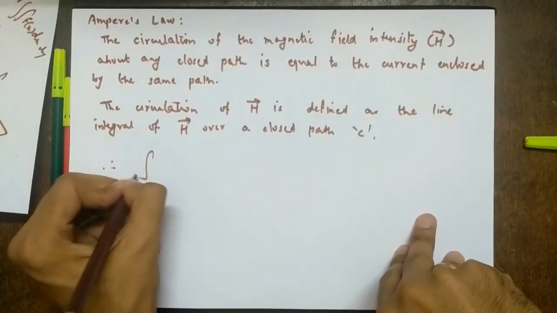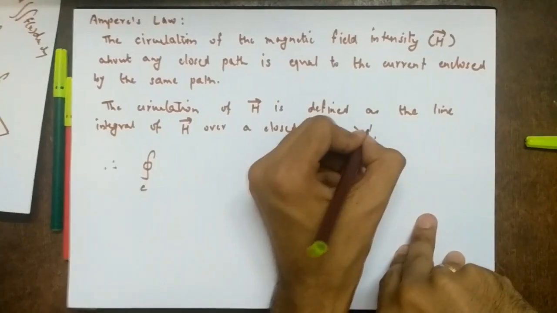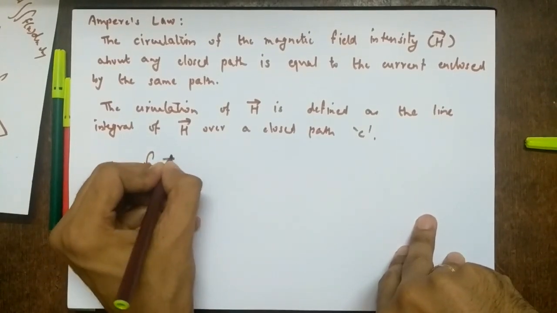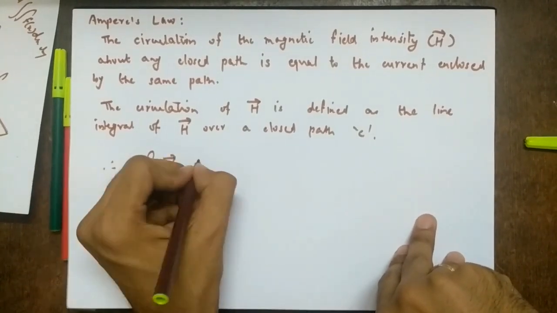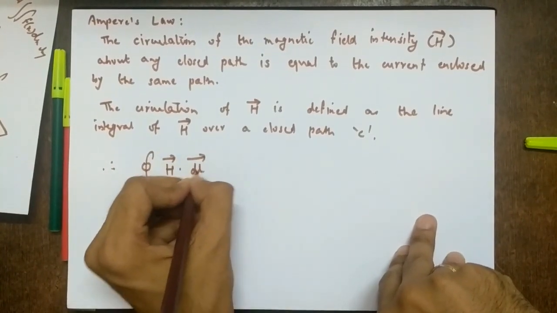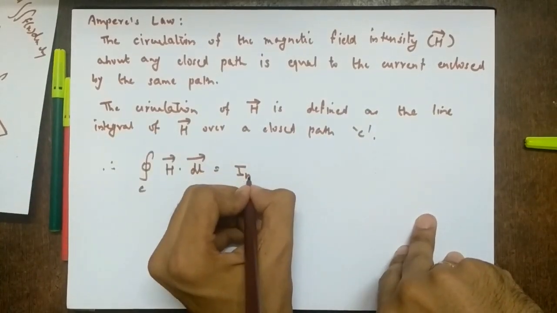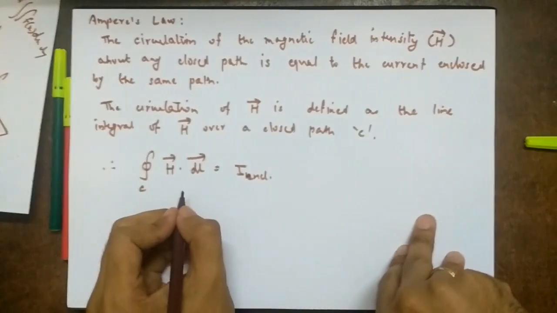It is a closed path, so it is also called the contour integral of H vector dot dl vector. Since it is a path, it will be a line integral, equal to the current enclosed by the same path, so I enclosed, right?